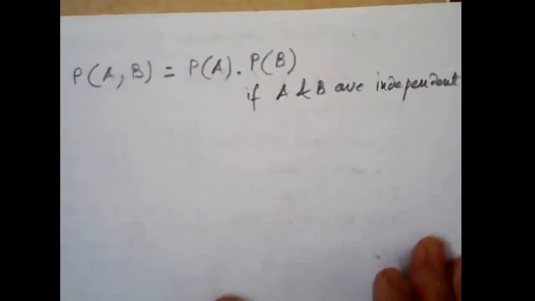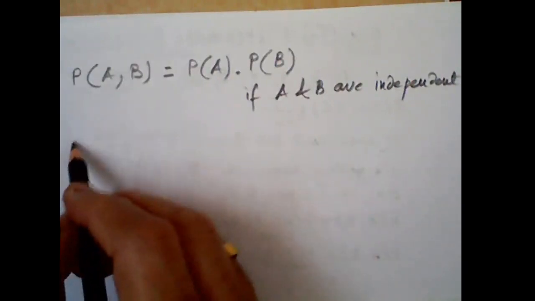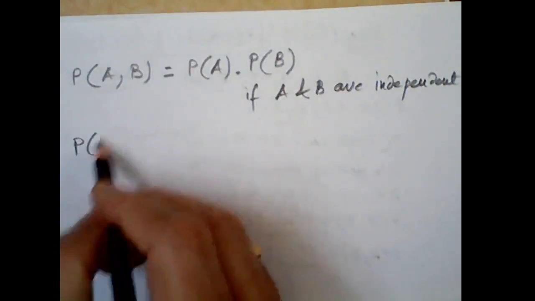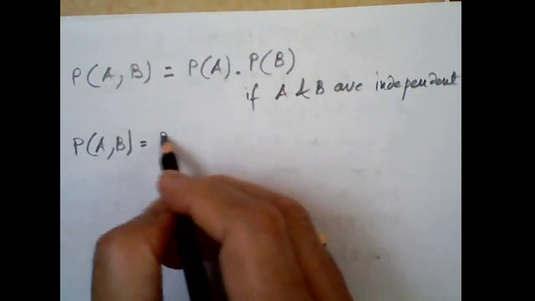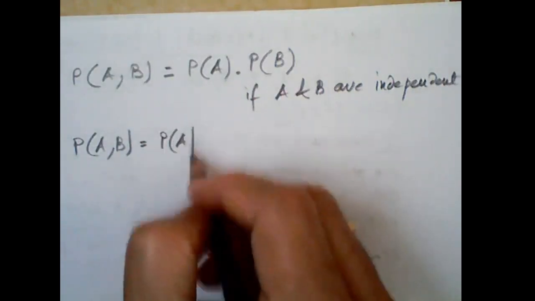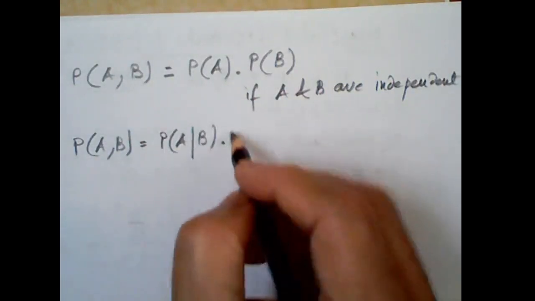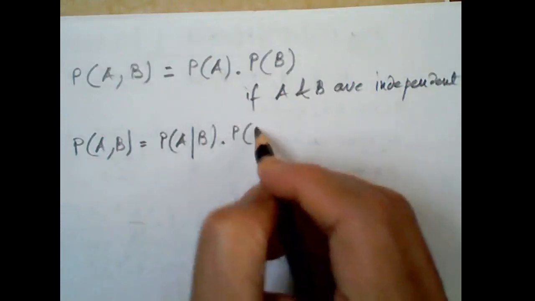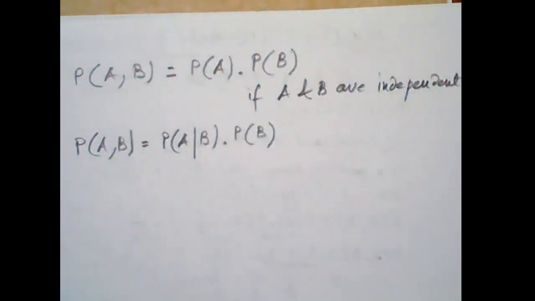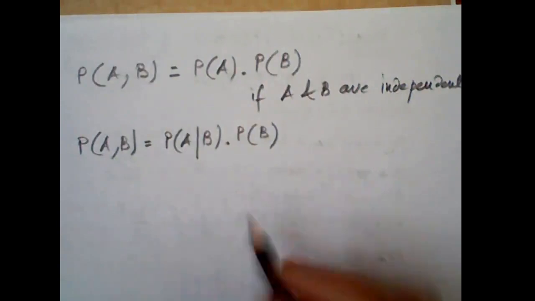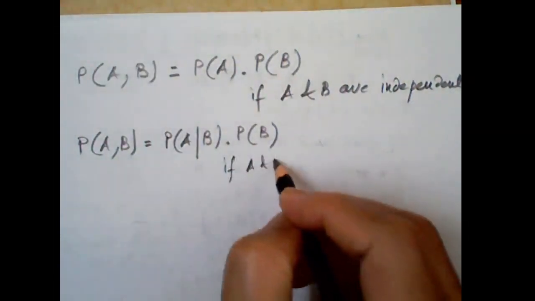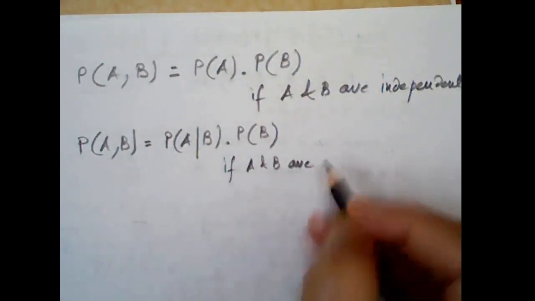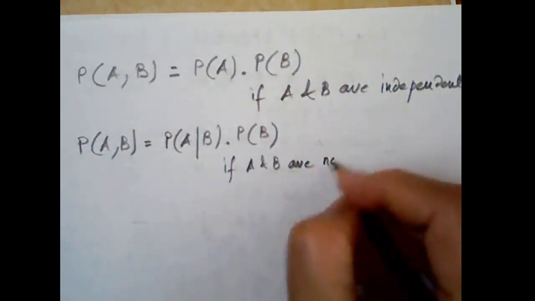All right, if A and B are independent, but if they are not independent, then it will be probability of A given B times probability of B. All right, and this will happen if A and B are not independent.